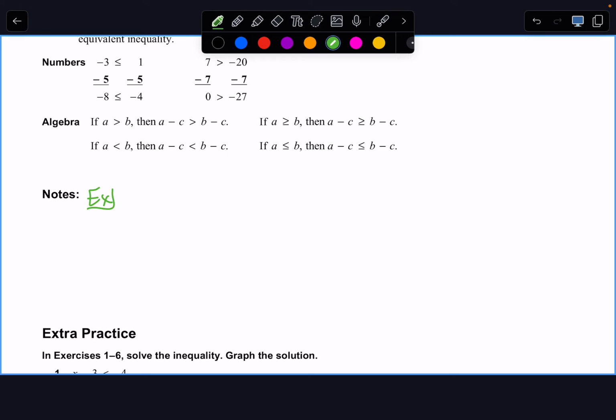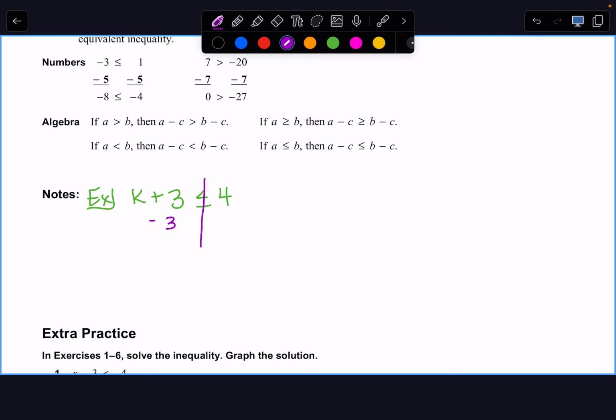if we have k plus 3 is less than or equal to 4, okay? If I want the variable by itself, if I want k by itself, I need to get rid of that 3. Well, since 3 is being added to k, I can undo it by subtracting, okay? So I know I want to subtract 3.